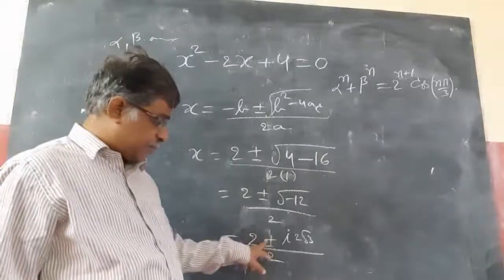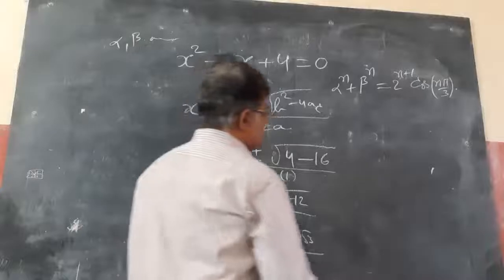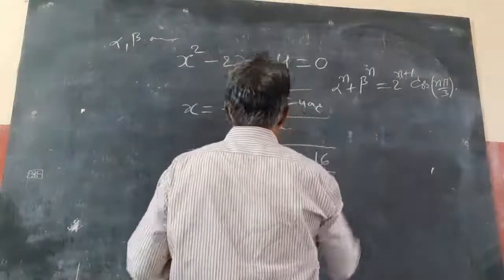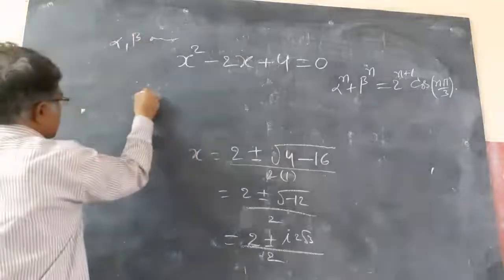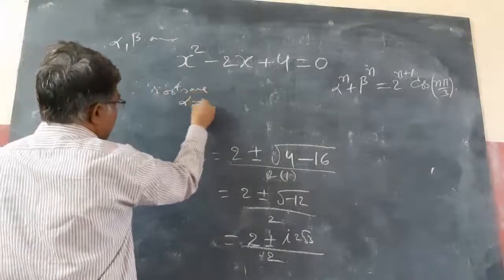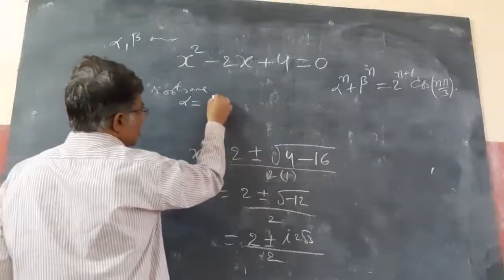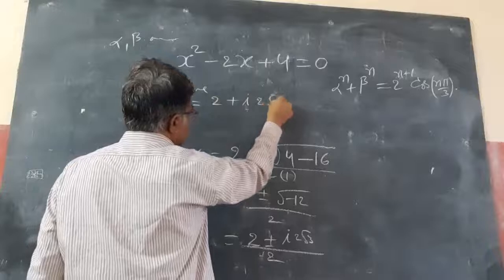One alpha is plus, beta is minus, we can take. Therefore roots are alpha equal to 2 plus i into 2 root 3 by 2.